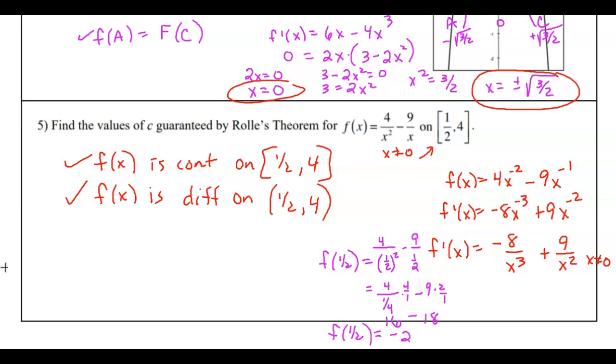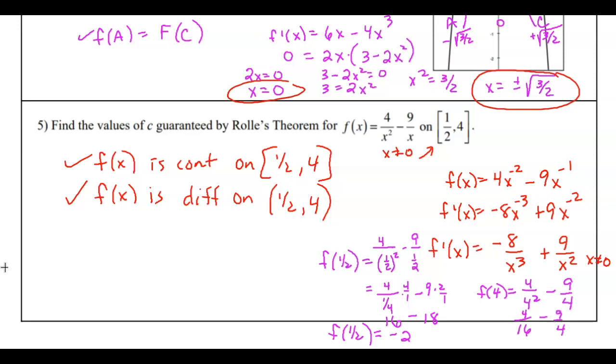Then I'm going to plug in 4. So f of 4, 4 over 4 squared minus 9 over 4. We have 4 over 16 minus 9 over 4.